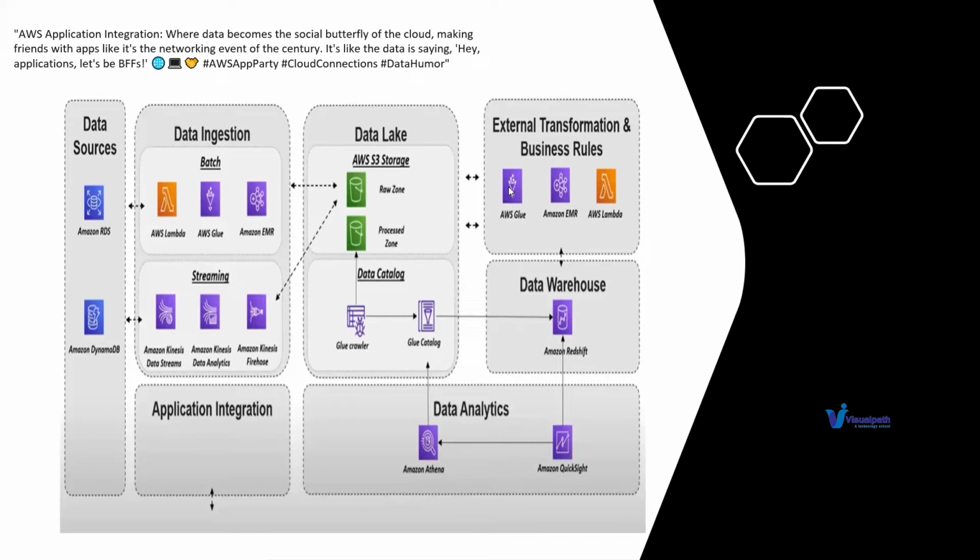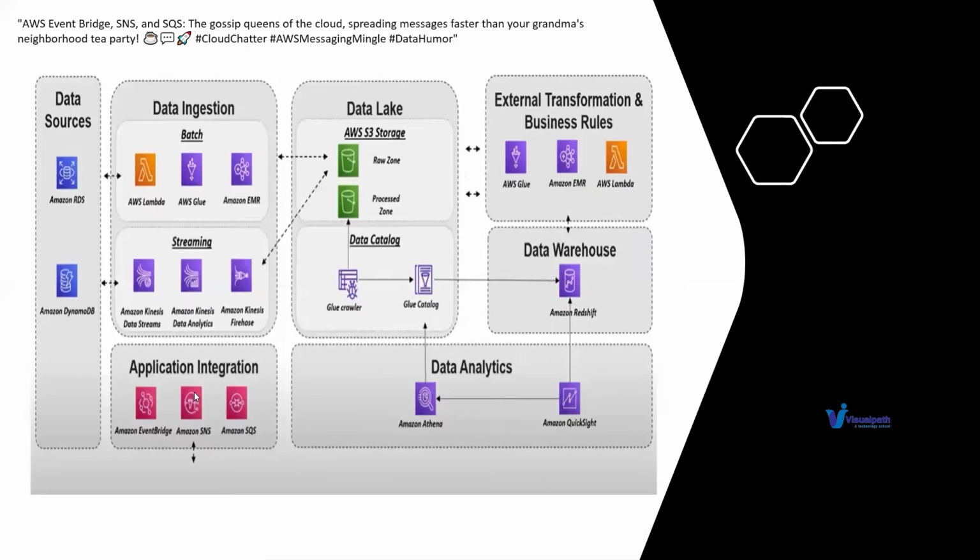Glue is a decoupled system, EMR is a decoupled system, and Lambda is a decoupled system. But when we want to start integrating these applications, I need to focus on application integration as well. For application integration, we'll be using SQS, Simple Queue Service, Simple Notification Service, and then EventBridge. These are the three things that we are going to use to integrate all these applications.